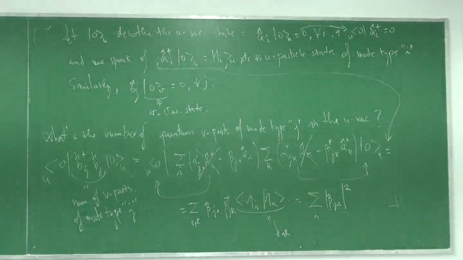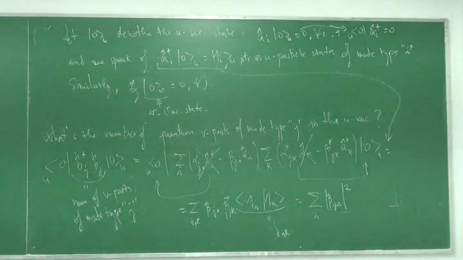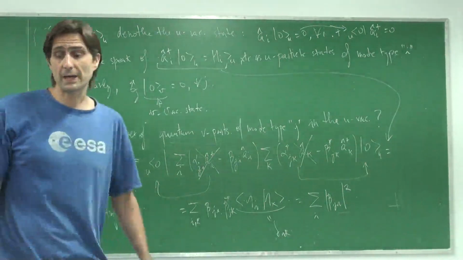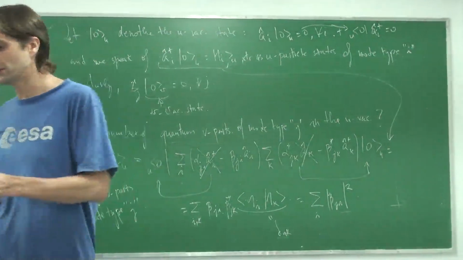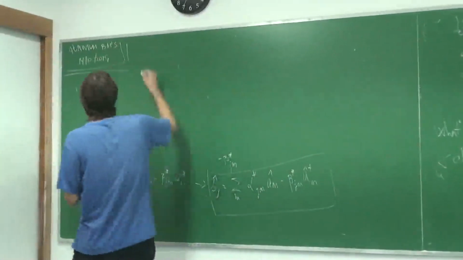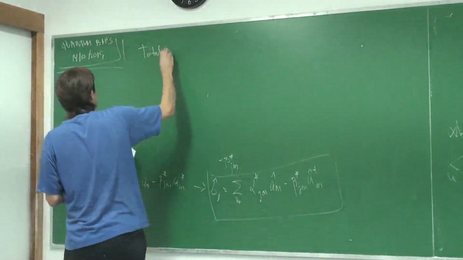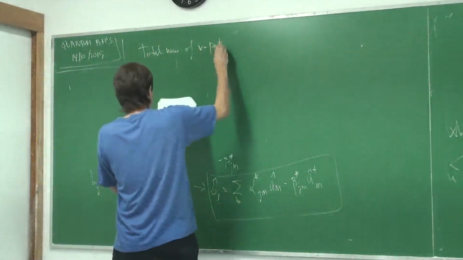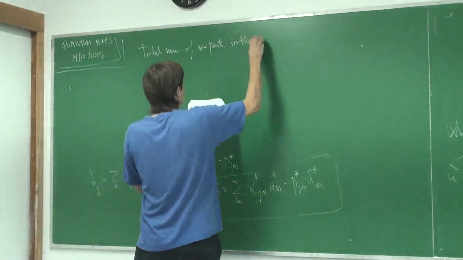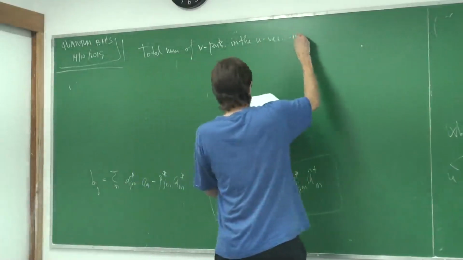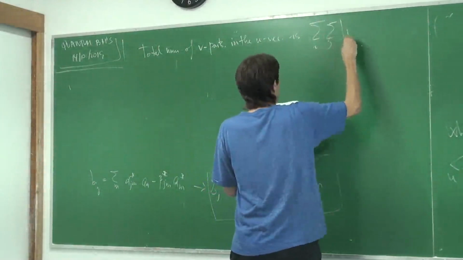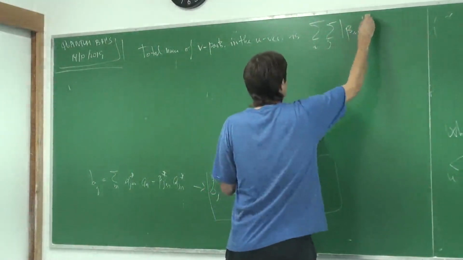So that's for a specific mode of type I. You can then sum over all the different mode types. The total number of V particles in the U vacuum is the sum over I and J of beta IJ squared.